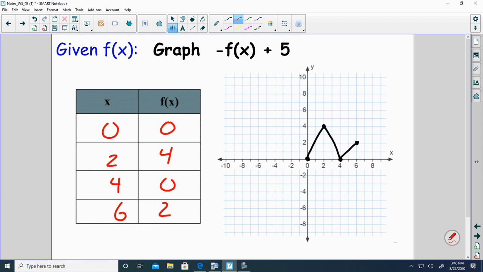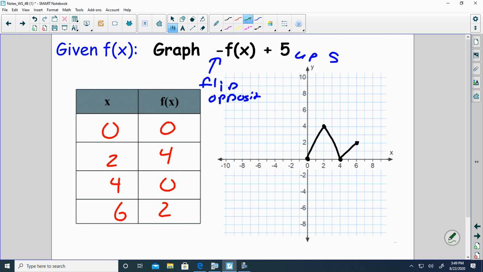Okay, so let's think about what everything's going to do to this problem. This is going to go up 5. So all of my y components, I'm going to add 5 to it. But then the negative out front is going to flip or make it the opposite value. Okay, so let's do this slowly.